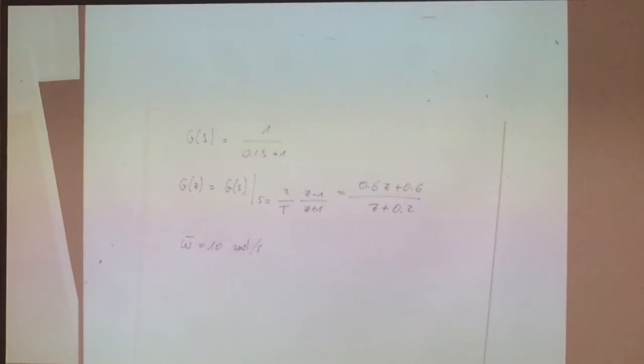The frequency response we did before is G of j omega. In this case, we have G of z. Shall I do G of z evaluated when z is equal to j omega? No. Shall I do that? No? Why? What shall I do instead?